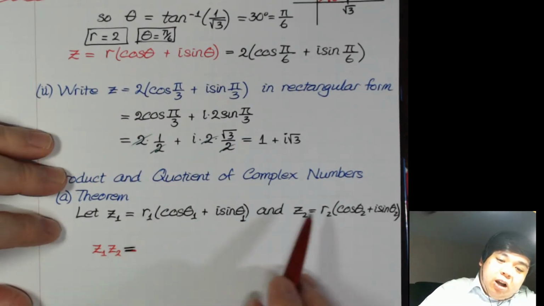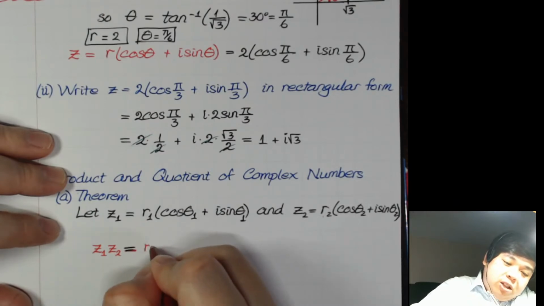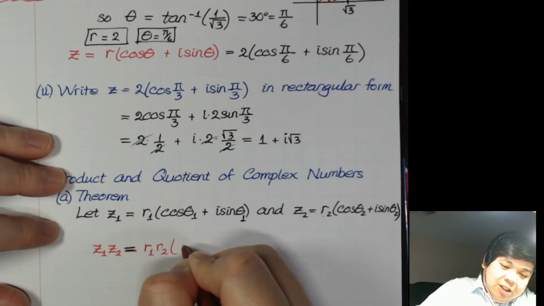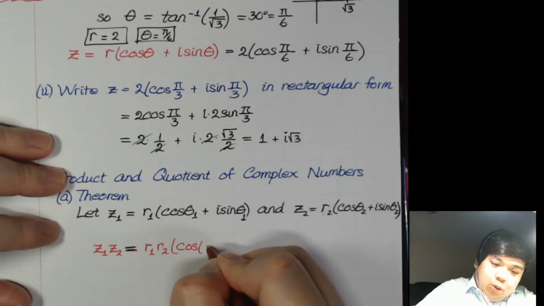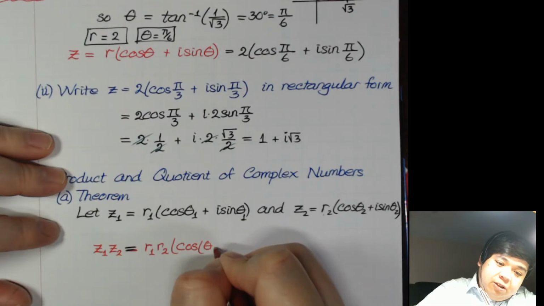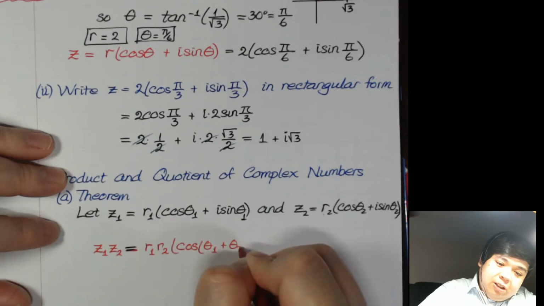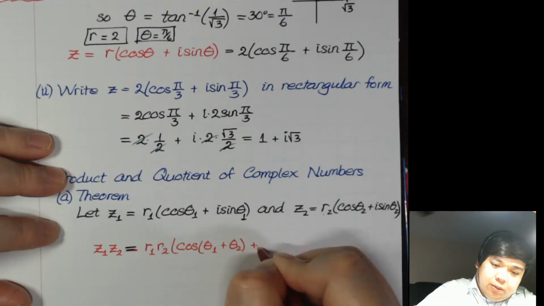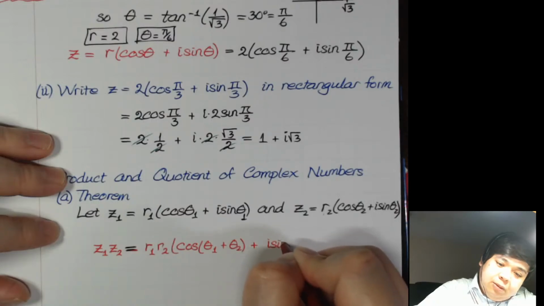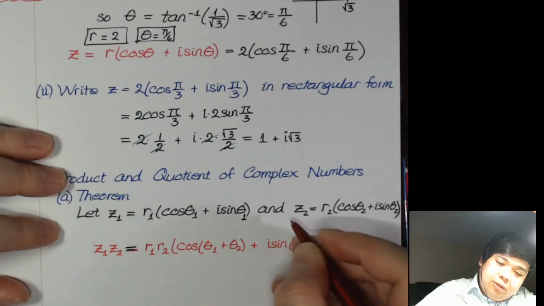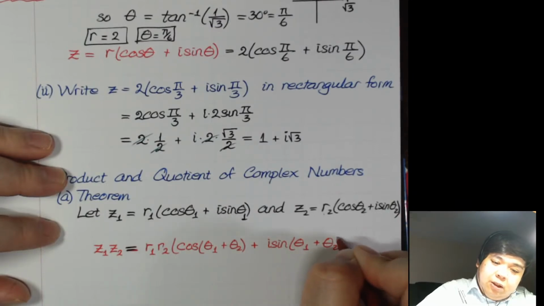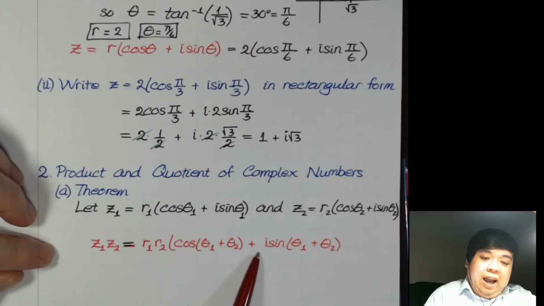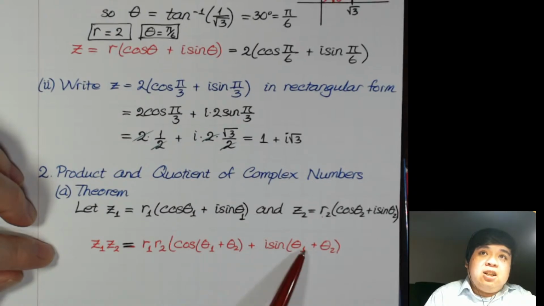We just multiply the modulus, or the modulo, and we add the arguments.